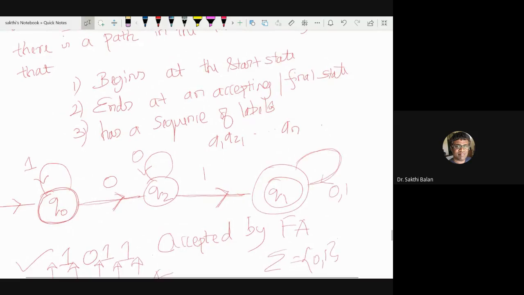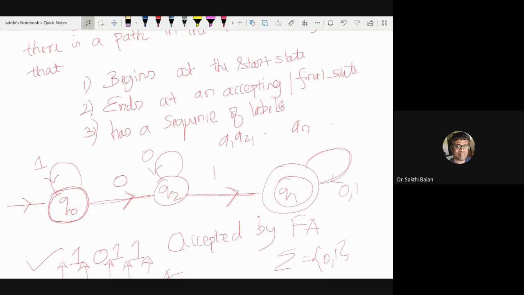Now I want to explain something that I was noting down in the previous class. In the previous class also we saw the same example, right?